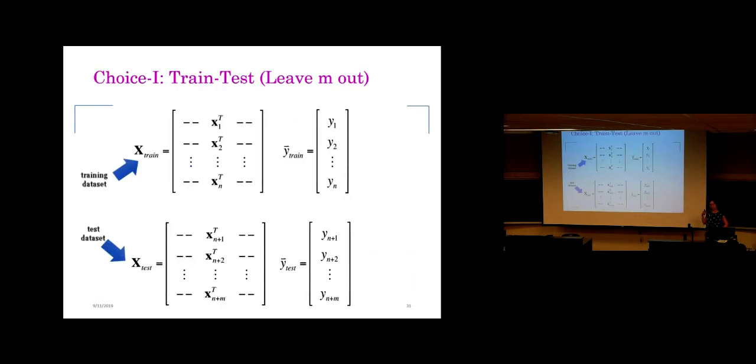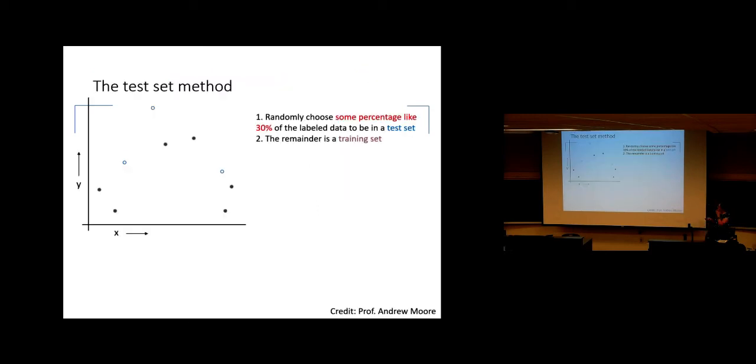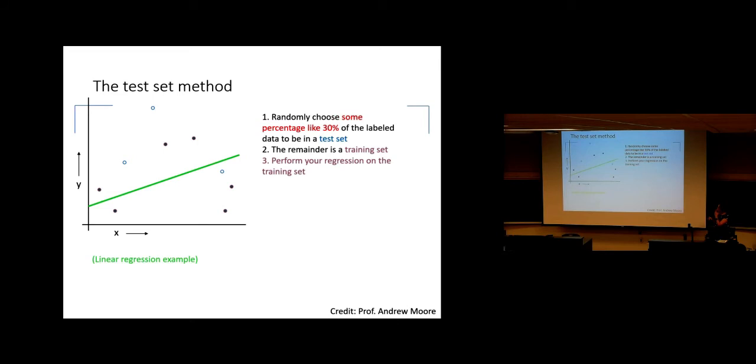So let's first cover the train test strategy, which we already covered from the first class. Sometimes people also call this leave-M-out or leave-P-out. You just randomly select maybe 30% of your training data. In our setting, we already have the training matrices and test matrices, N and M. So you just randomly leave 3 out.